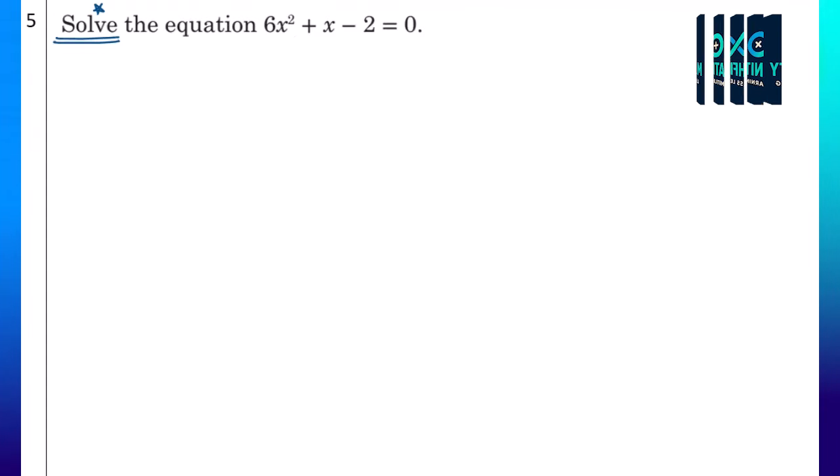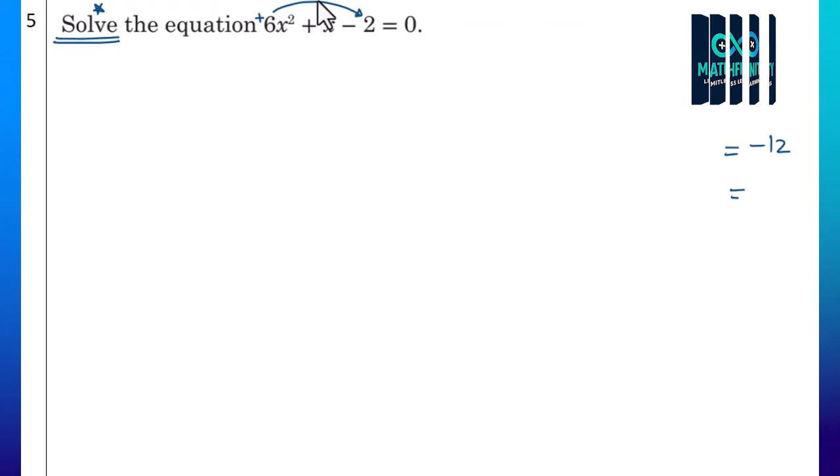We will use the same method that we learned in questions number 1, 2, 3 and 4, how to factorize. But two more steps will be there after factors. I will show you properly now. Positive 6 is going to multiply with -2. So we will get -12.